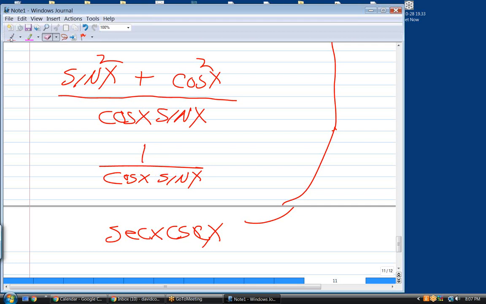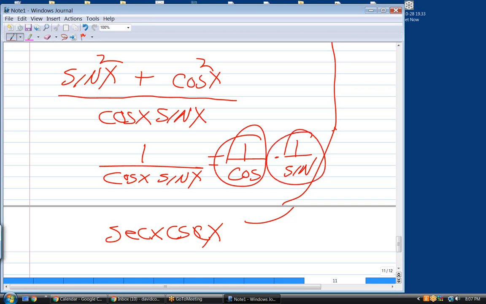Notice that this is the same as 1 over cosine times 1 over sine. And that's the same as secant, and that's the same as cosecant. So I can go directly to that. I don't really need to do this. I was just explaining that in case you were having any questions about it.